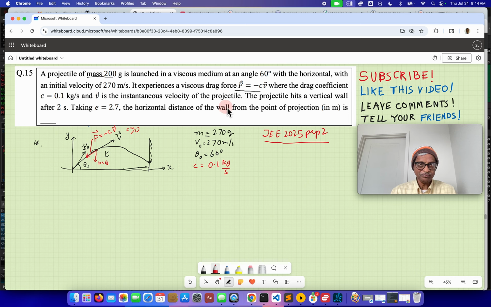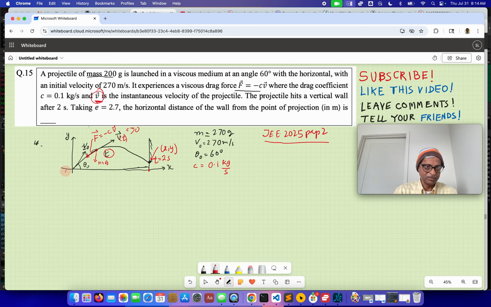And it tells you this is instantaneous velocity. So you should think of this as V, this vector. That's the vector at time t, instantaneous at that instant t. So time here is 2 seconds. So it's going to hit at some coordinate x and y.